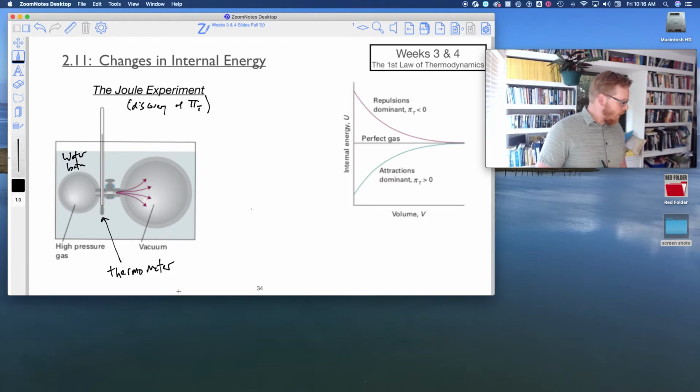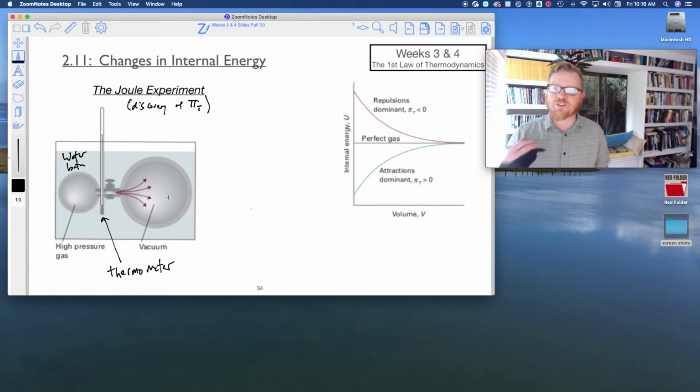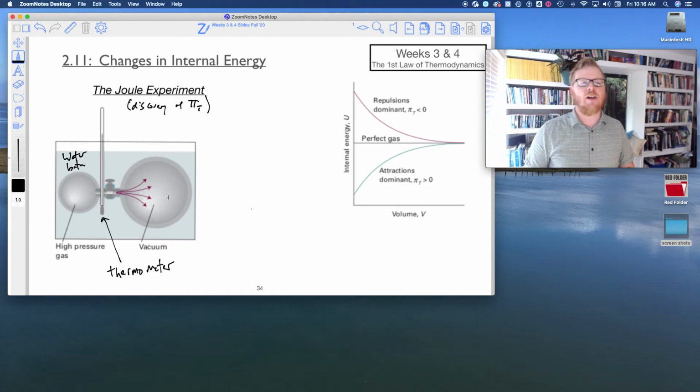So what Joule did in this experiment was he expanded this gas from high pressure into vacuum and thought, okay, if there's some type of interaction between these particles, so the whole idea of ideal gas law and real gases was kind of still being worked out at this time.